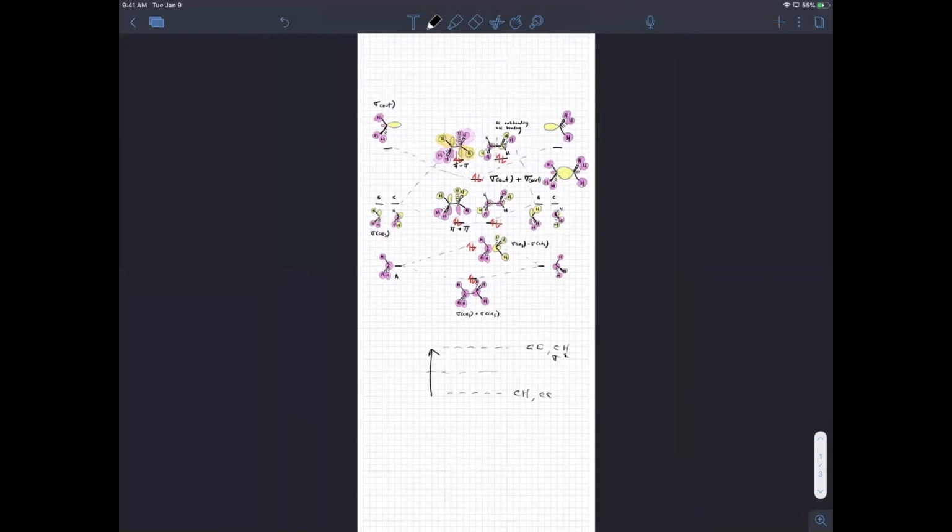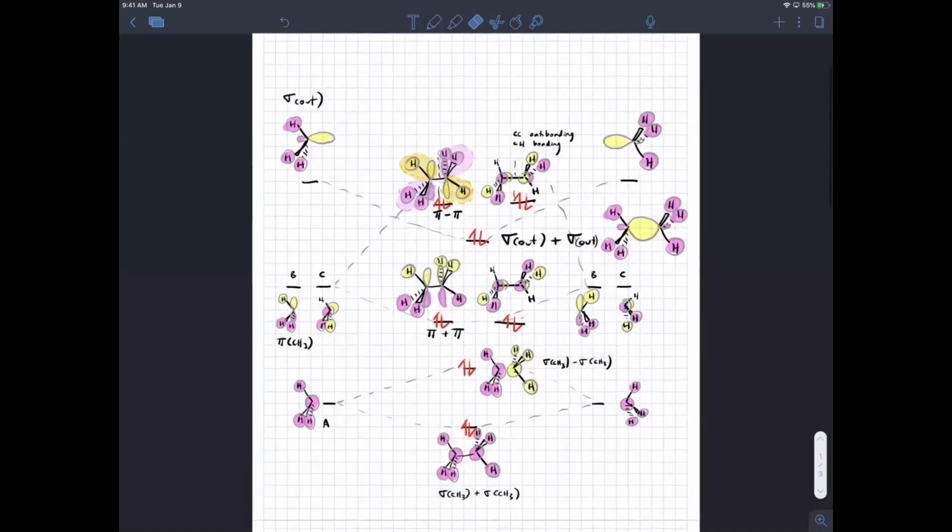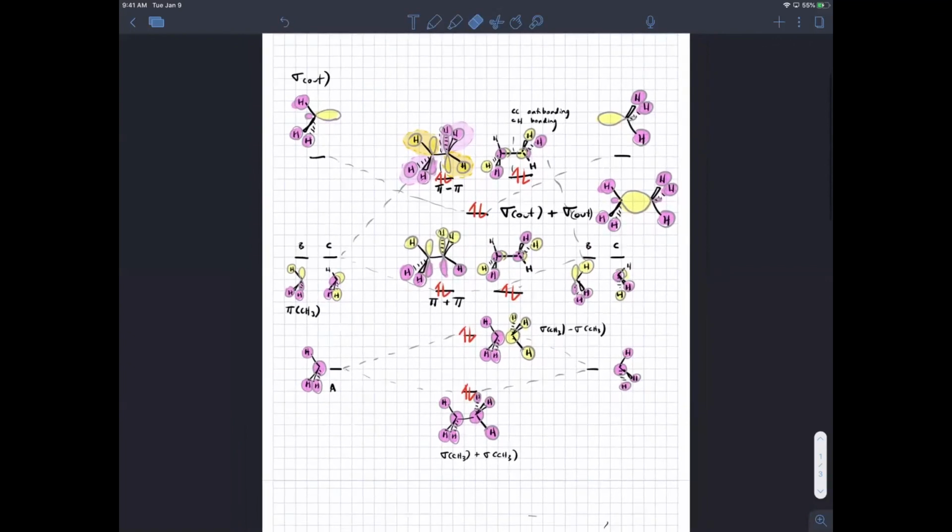They're not all equal in energy, and so now you know why. Okay, so that is our picture of bonding in ethane. I haven't showed you any of the anti-bonding combinations. We will do some of those when they become relevant for us, but we're not going to use ethane as an electrophile, so there you go. Questions?